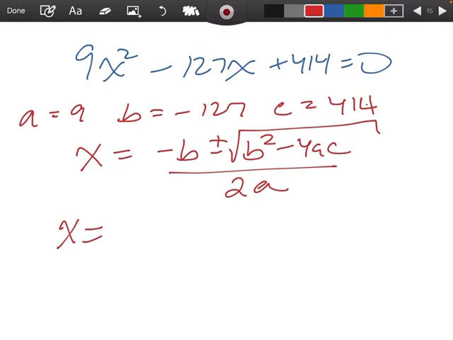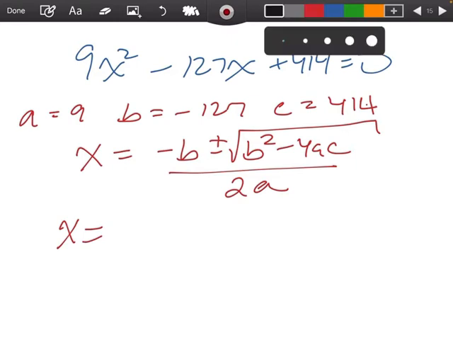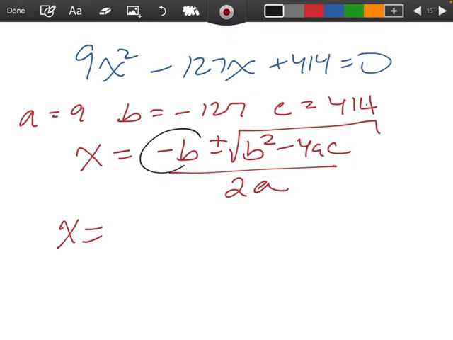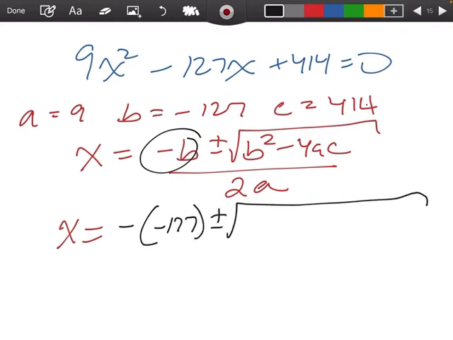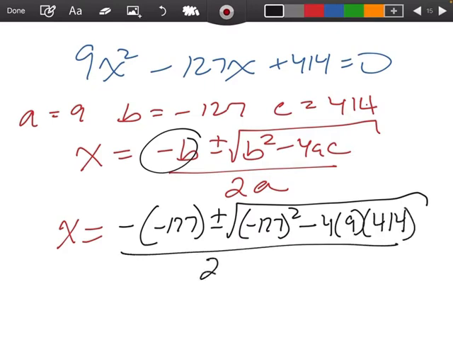Okay, here we go, and let's start plugging our numbers in. The first part of the formula says negative b, and b is a negative 127, plus or minus the big square root of b squared, so a negative 127 squared, minus 4 times a times c, all over 2 times a.